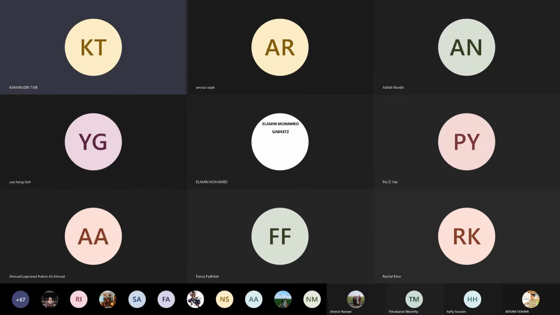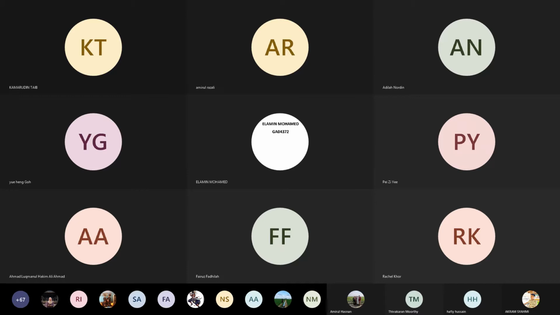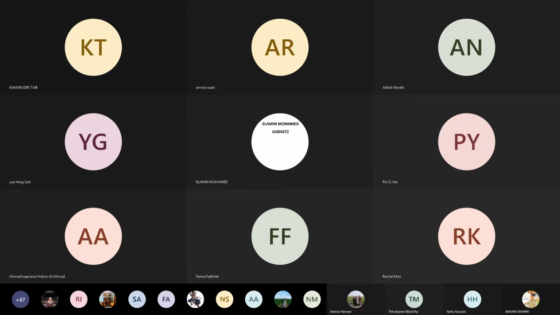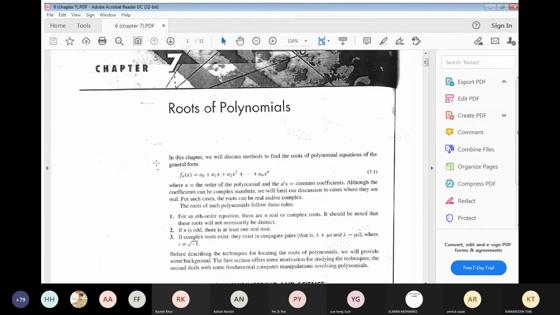Okay, roots of polynomial. I'm going to explain what a polynomial is first. A polynomial of order n is equivalent to a0 plus a1x plus a2x squared plus dot dot dot plus an xn.